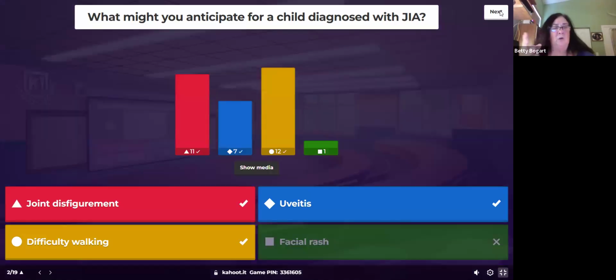Well, we're going to see that joint disfigurement. It might be as little as my little finger, or maybe not. But you're going to see that difficulty walking, especially when they've been sitting for a while. Okay, that stiffness. And remember that red eye, uveitis, can cause some swelling in there. So we don't want to lose sight. And remember, facial rash is lupus. It is not JIA.